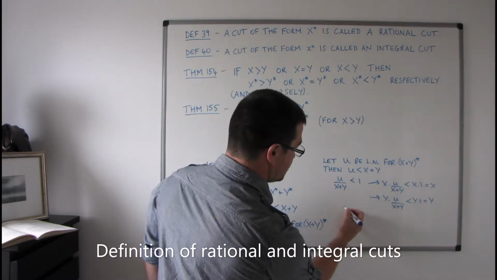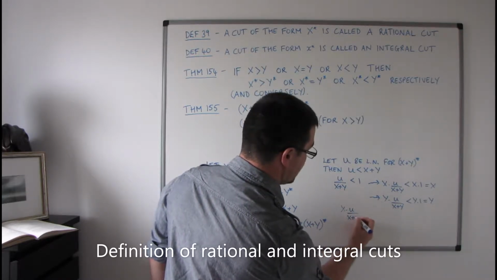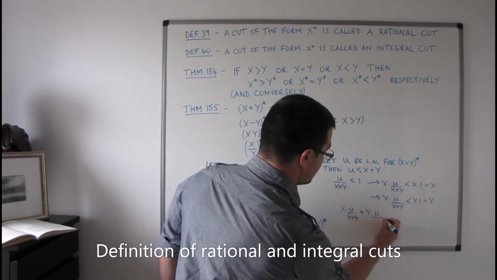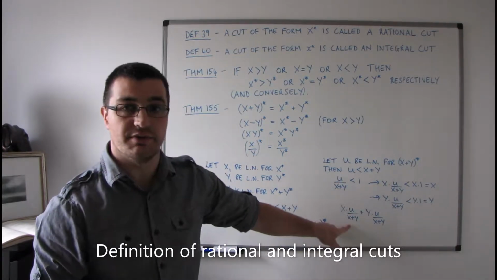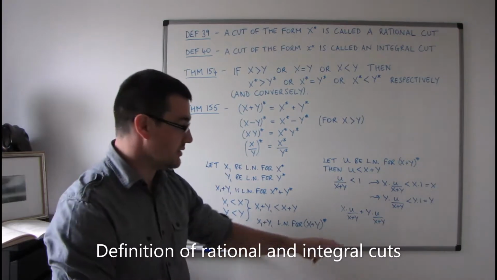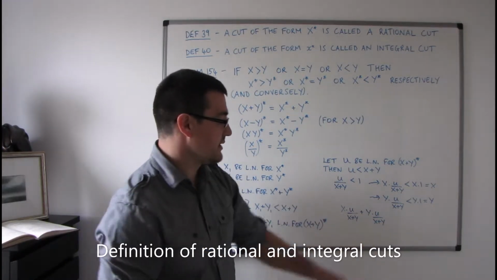So therefore x times u over x plus y plus y times u over x plus y must be a lower number for x star plus y star, because it's a sum of a lower number for x star and a lower number for y star.